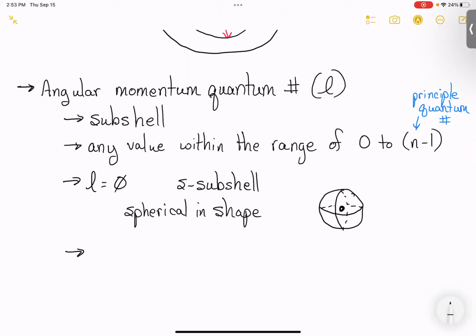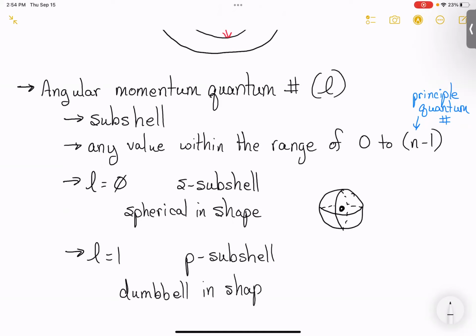When l comes out equal to 1, you're dealing with the p subshell. The p subshell is dumbbell in shape, with the center being the nucleus.